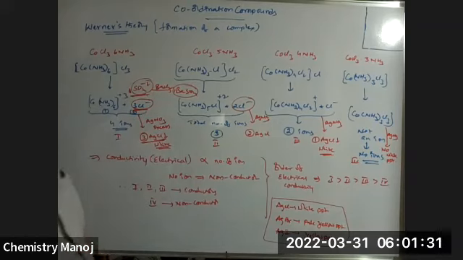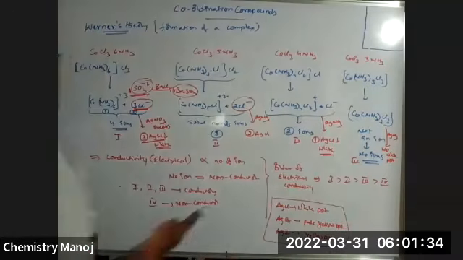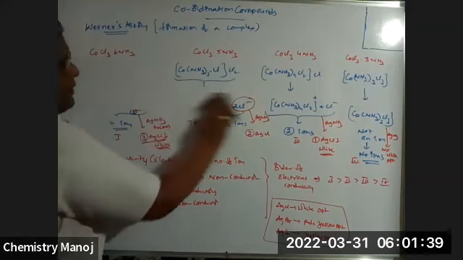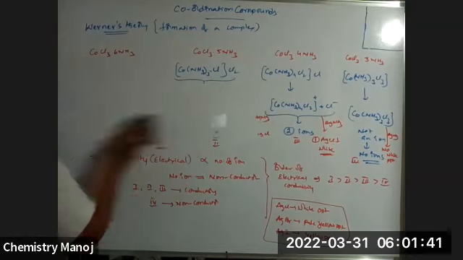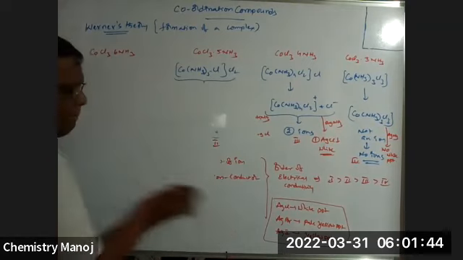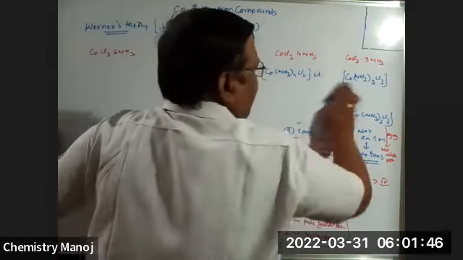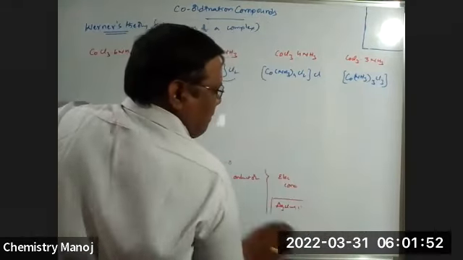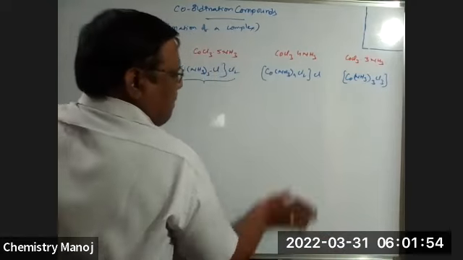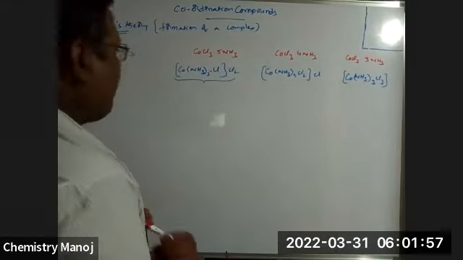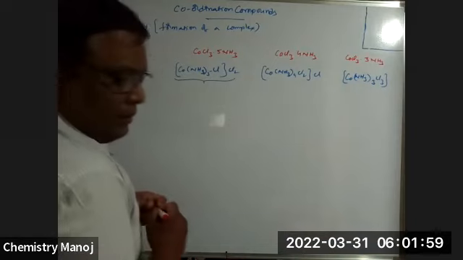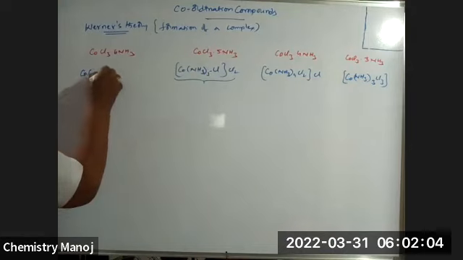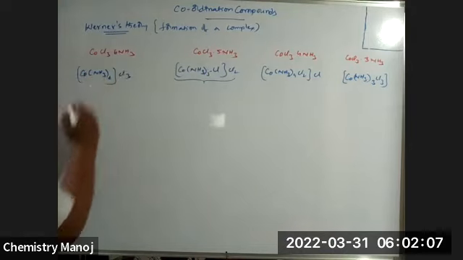Now, Werner drew the structures of these complexes. It is Co(NH3)6 with Cl outside.